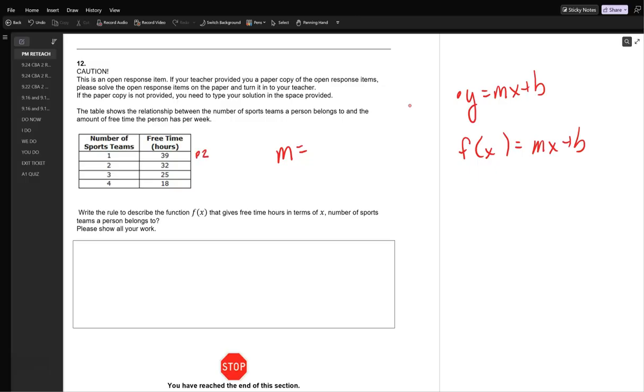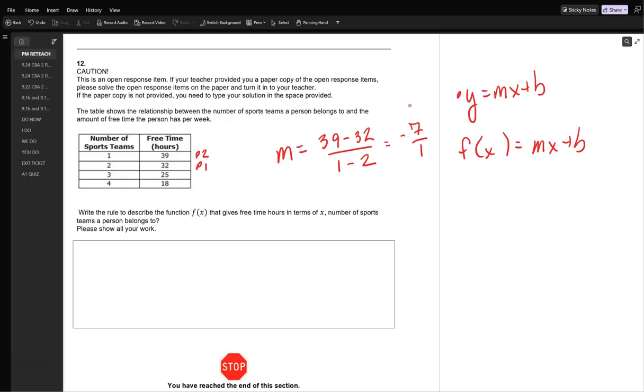point 2, point 1, which is going to allow me to say y2 minus y1 over x2 minus x1, which will give me this here.